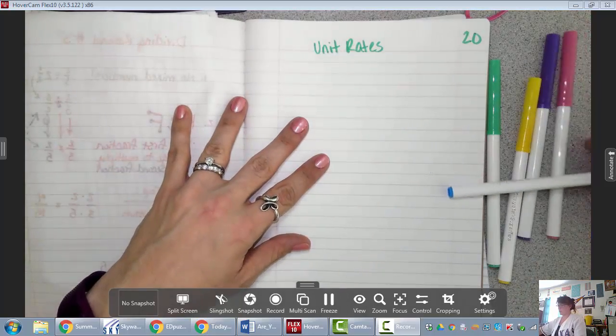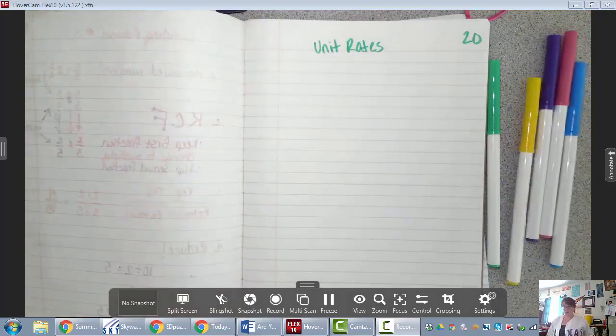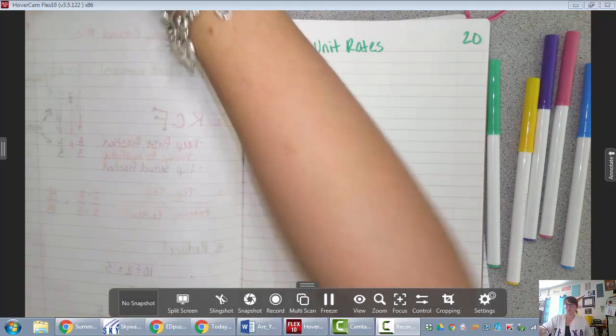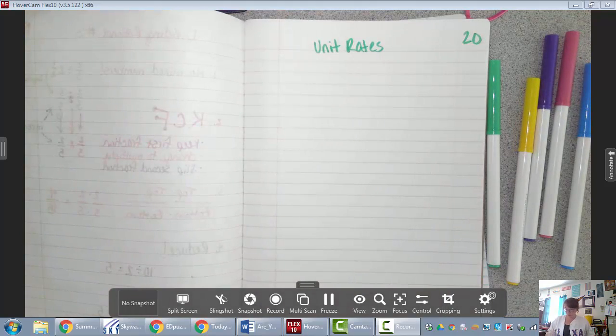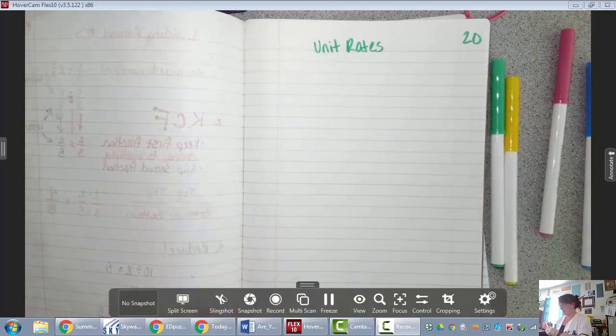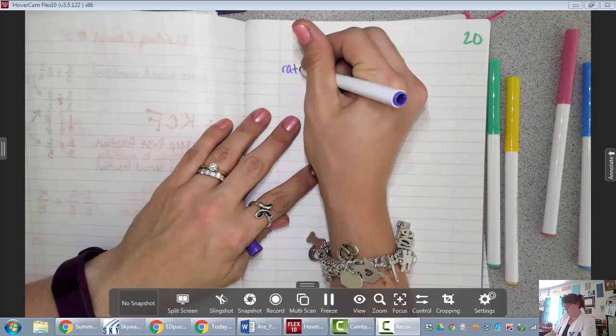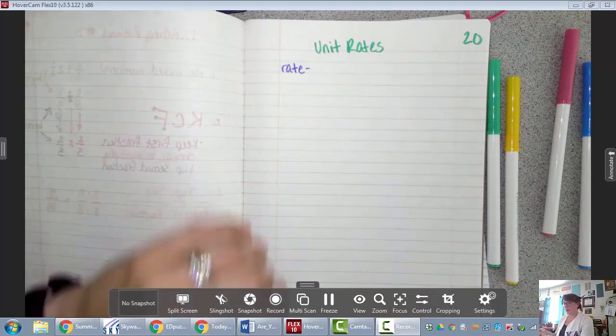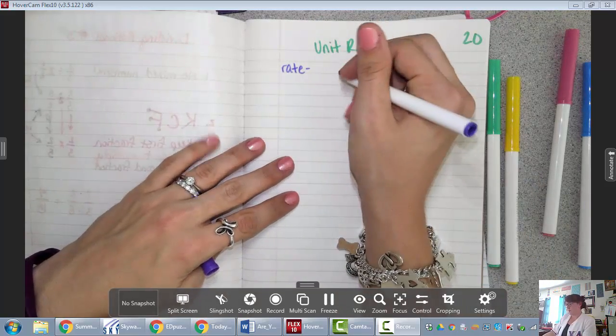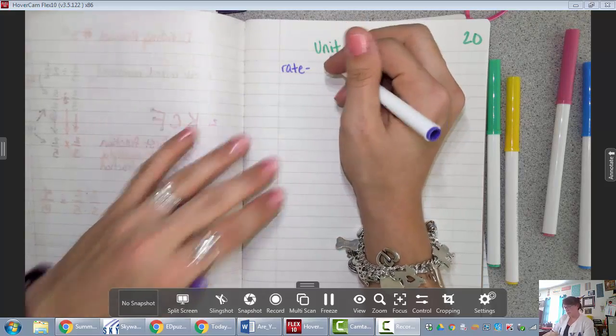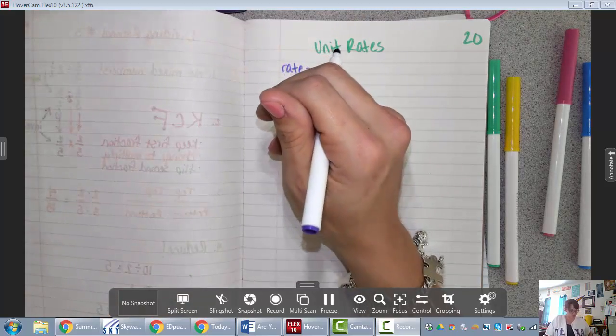We have a couple of vocabulary words. First one is rate, R-A-T-E, rate. A rate is a comparison between two numbers.